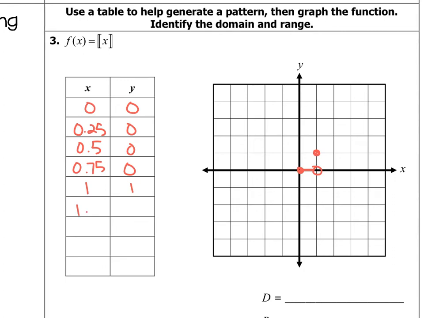At 1, if I go to 1.5, the next one down from that would be 1. Right? And hopefully you see that at 1.99999, you round down from that, it's going to be 1. So the 1 is going to go all the way over until you get to 2, but not including 2. Okay, because at 2, your output's going to be 2. And at 3, your output's going to be 3.